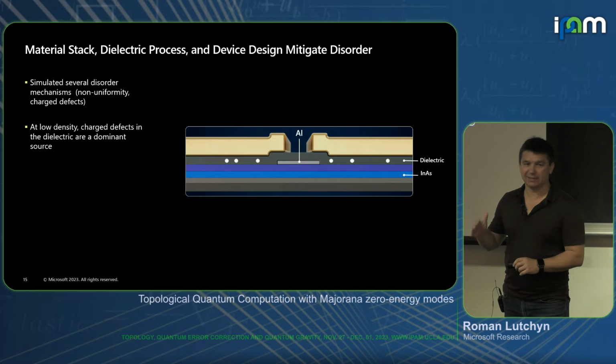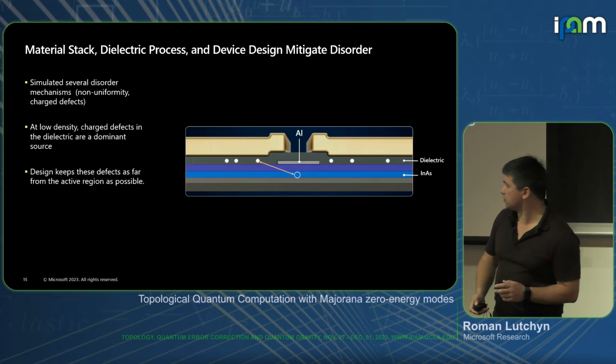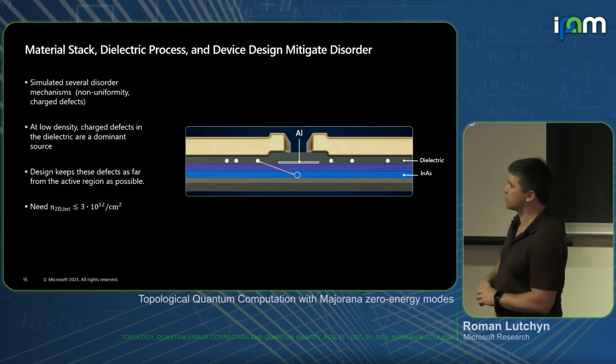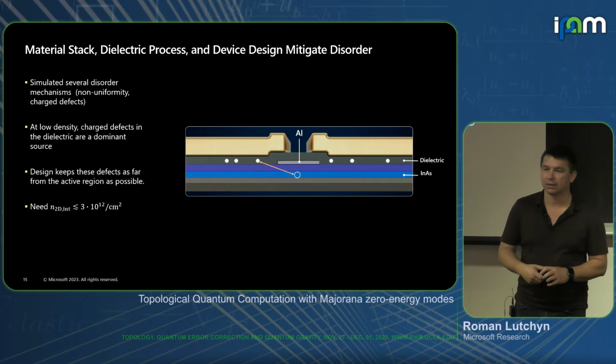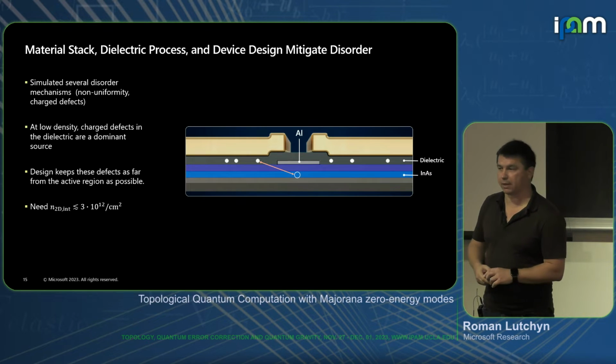To get to 3 times 10 to the 12 in two-dimensional density, that's sort of the lower limit. This number is hard to achieve already in the industry, no matter which recipes you use. And we've lowered this number even below this spec.